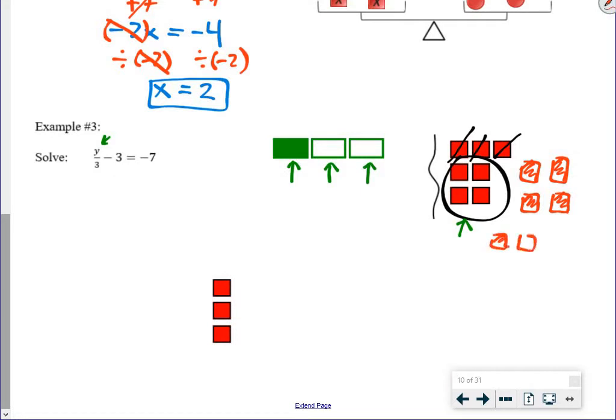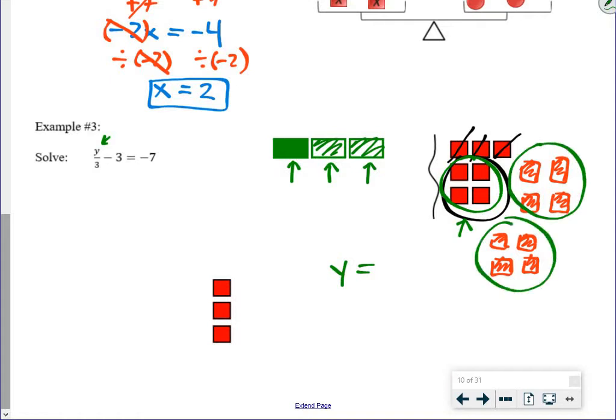So 1, 2, 3, 4. So now we've got a full picture. Y is worth 4, 8, 12 negatives. So hopefully that worked out.